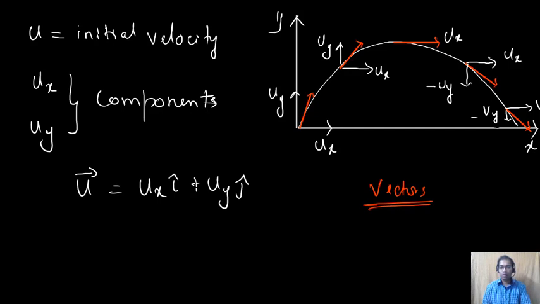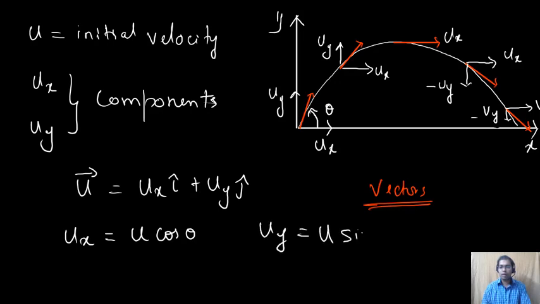Now we know that this projectile would be at any given angle theta. So when we are resolving, we can write ux is equal to u cos theta. Projection along the x-axis is generally in terms of cos theta, and uy is u sin theta. So we have resolved the components. So you see, we can write this as u cos theta i cap plus u sin theta j cap.